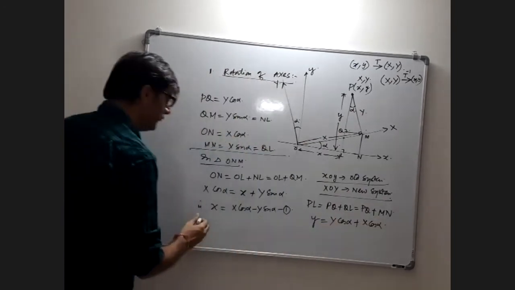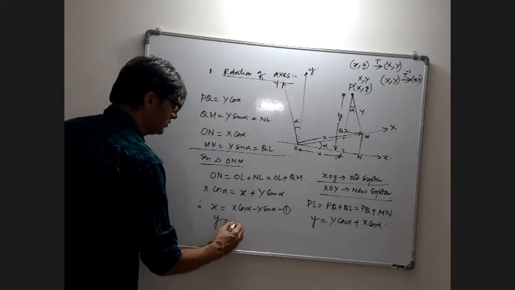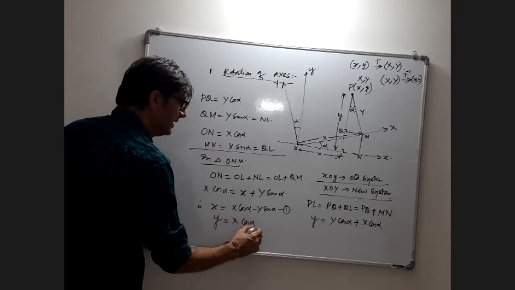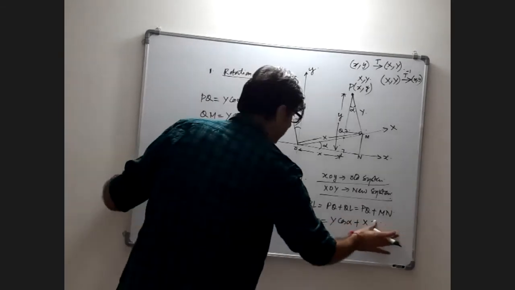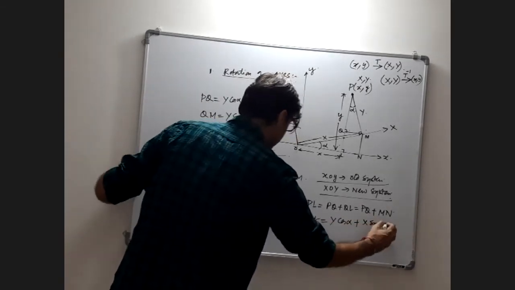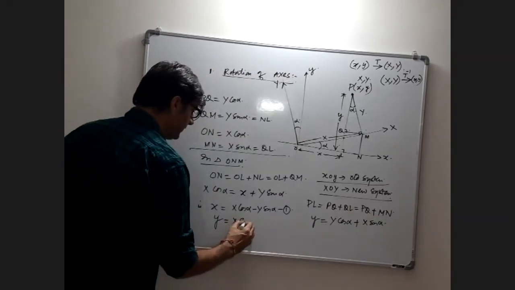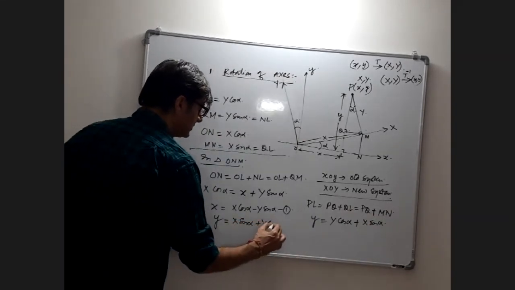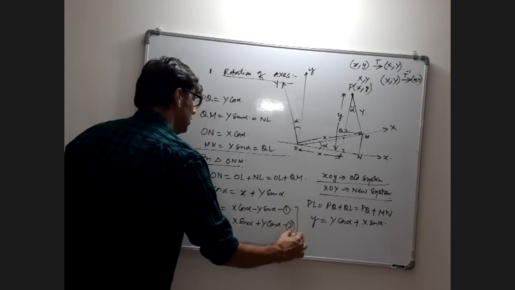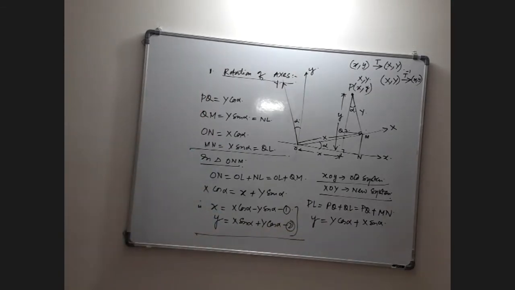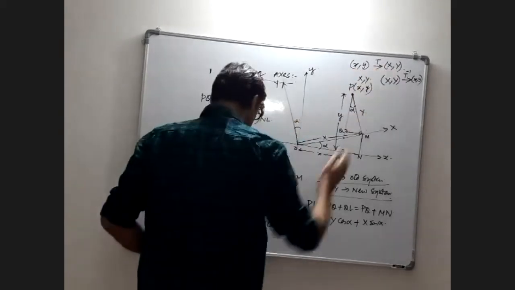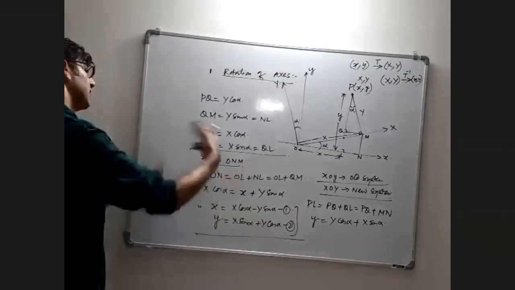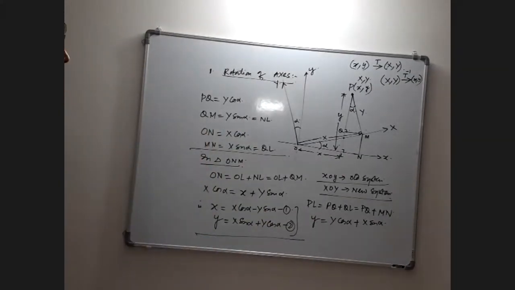So therefore we have two equations: X is equal to x cos alpha minus y sin alpha, and y is equal to x sin alpha plus y cos alpha. This is equation 2. So this is the transformation from xy to XY. Inversely we can also do that.